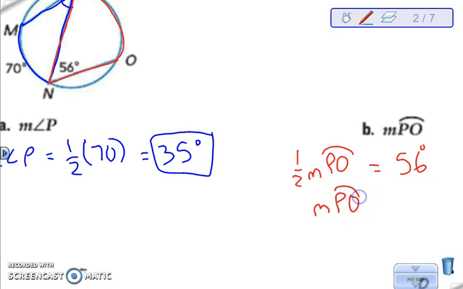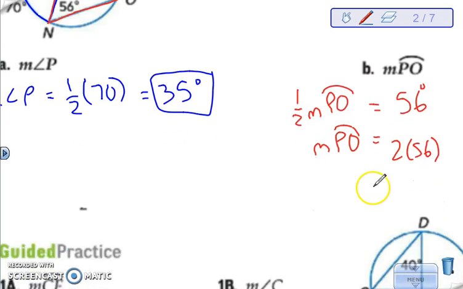Since we know that PO has to have a larger measure, we double the angle and get 112.